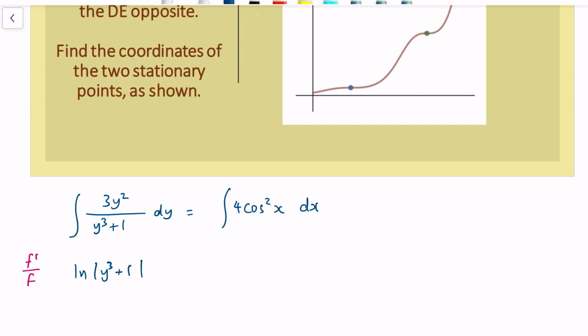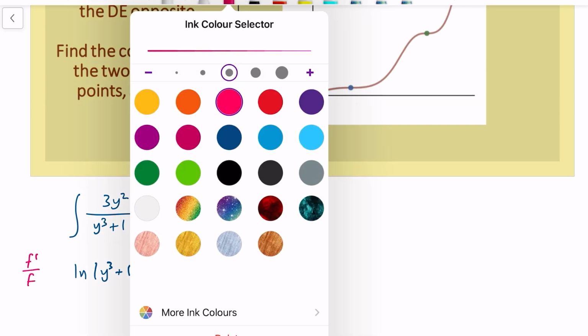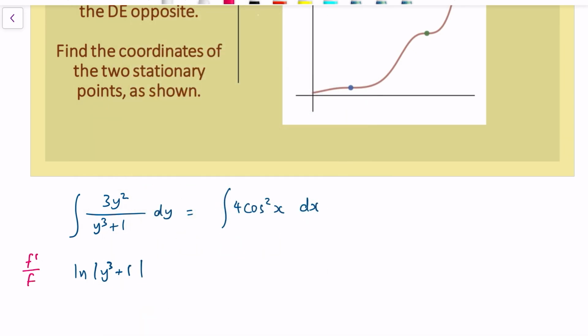And then on the right hand side, to integrate 4 cos squared x, we need to use a trig identity for that. We can't write it as cos cubed over 3, okay? If you're thinking cos cubed x over 3 or some variety of that, it just doesn't work like that. When we turn cos squared x into something that we can integrate, just have a look at your formula sheet to verify this, but 4 cos squared x is equal to 2 cos 2x plus 2.